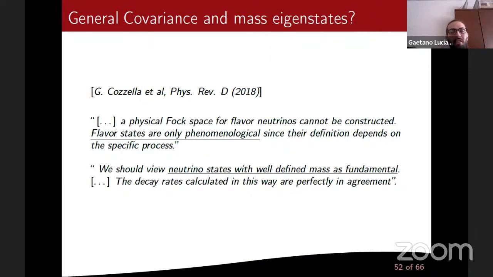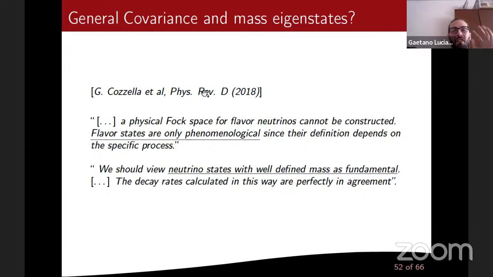But quite surprisingly, and I'm almost close to the end, just one day after we put on the arXiv our paper with flavor eigenstates as fundamental states, this other paper was published on exactly the same topic, the study of the asymptotic nature of neutrinos with the inverse beta decay.